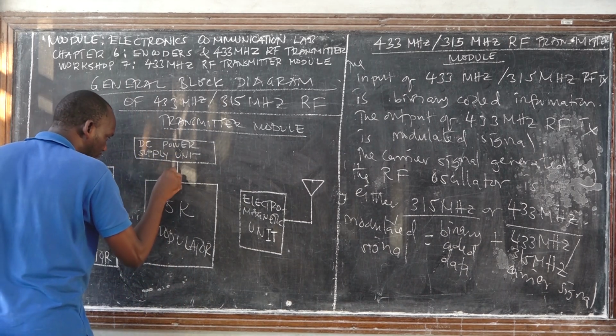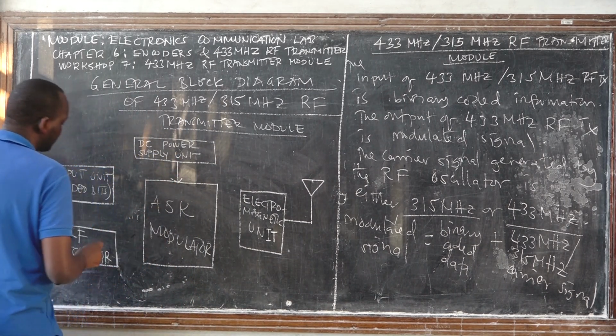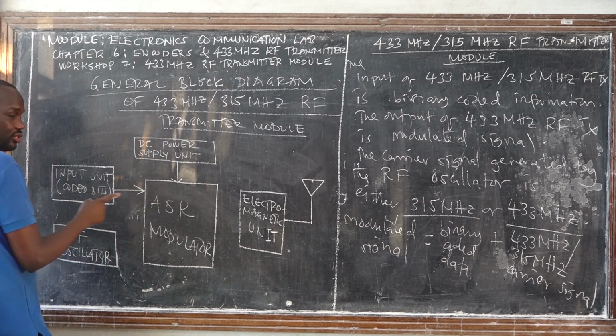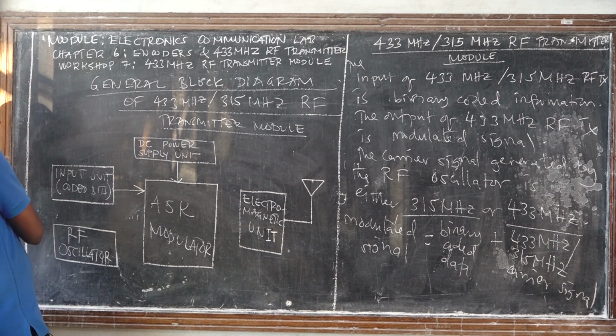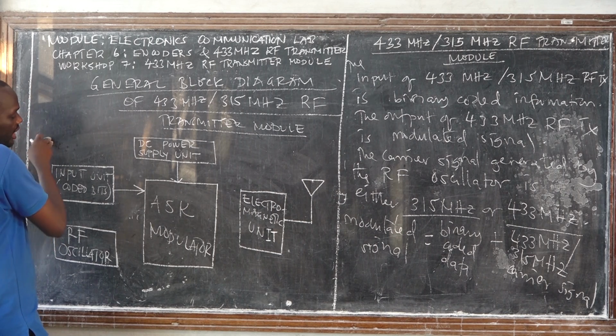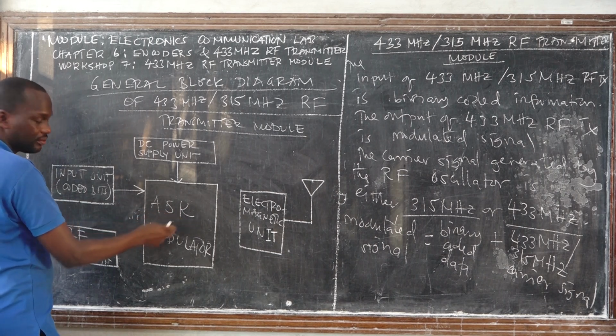So you have the DC power supply unit. Then you have the input coded. So in case you want to draw the HT12E, it will be on this side, because the HT12E encoder is the one that codes the information and delivers the inputs to this one.